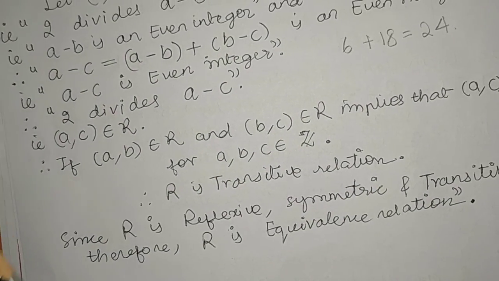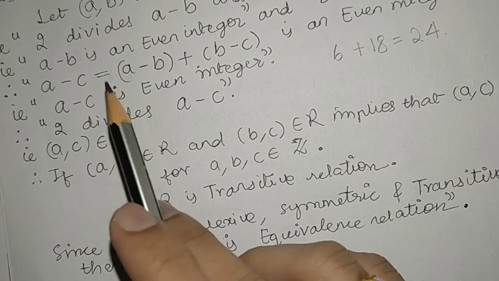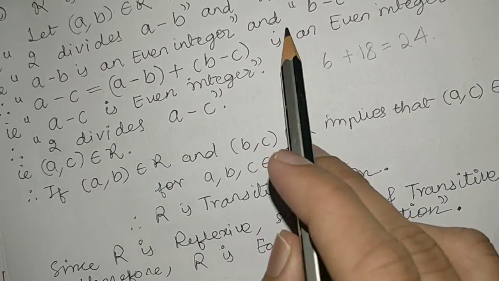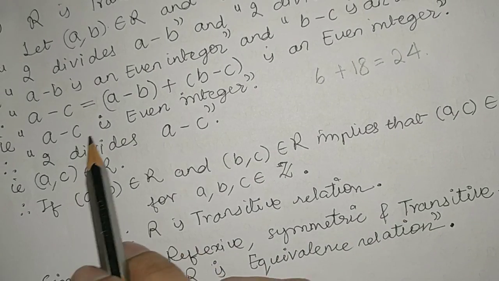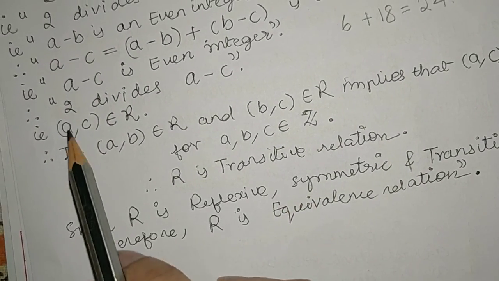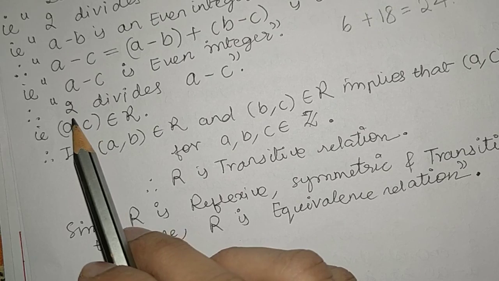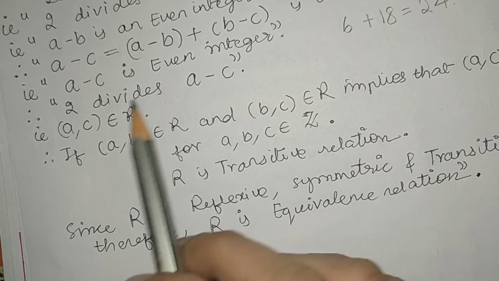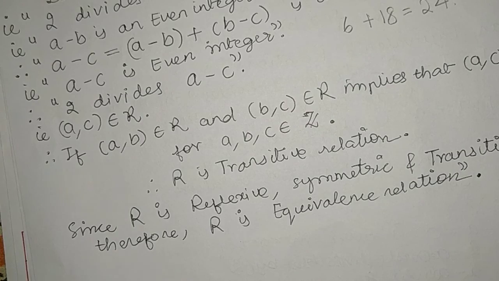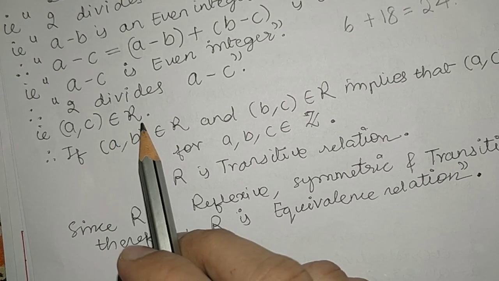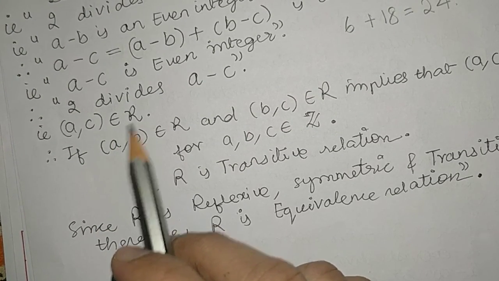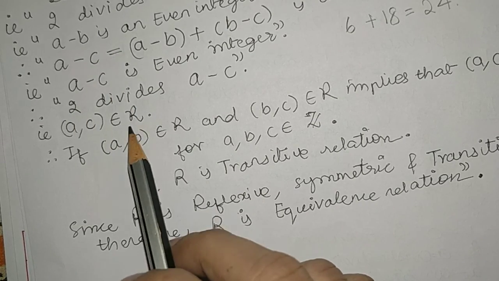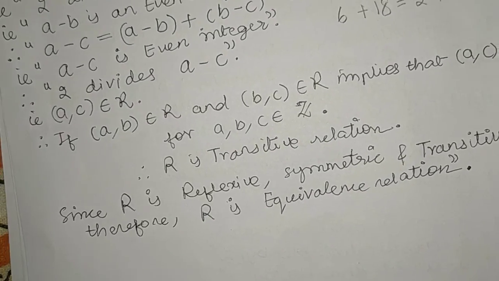So a minus c is an even integer. Therefore 2 divides a minus c, that is, a comma c belongs to the set R.